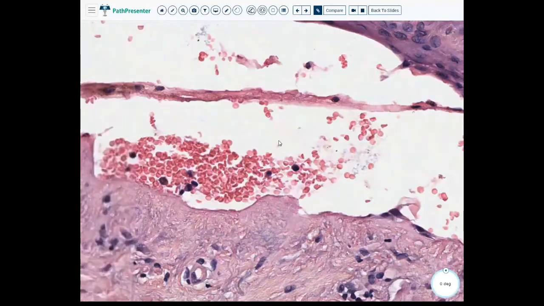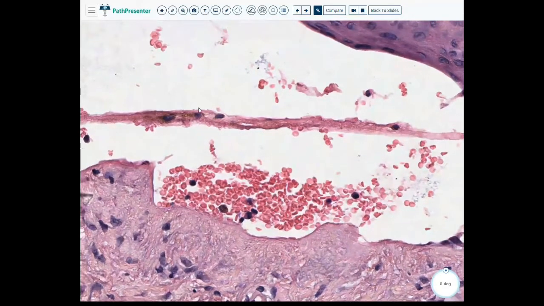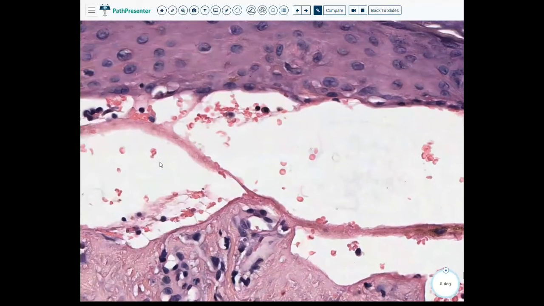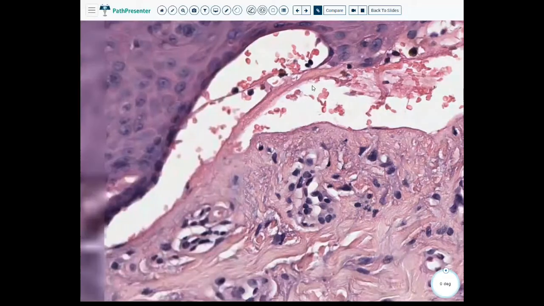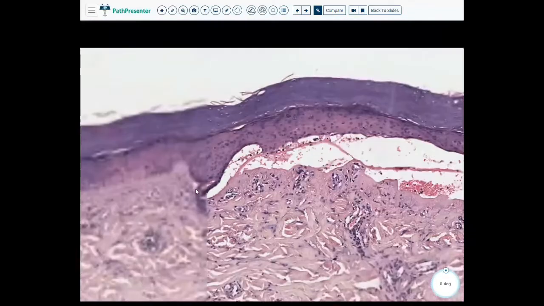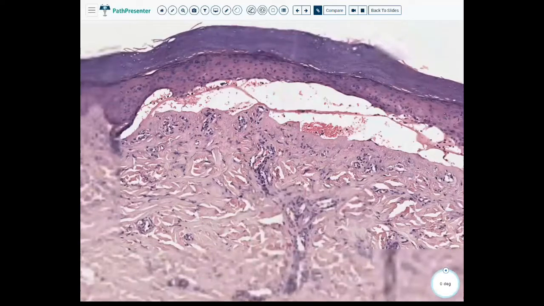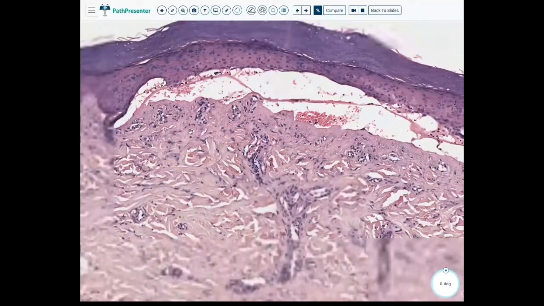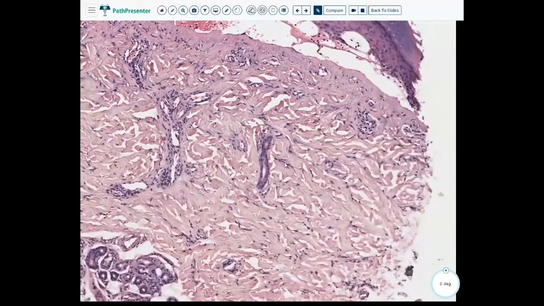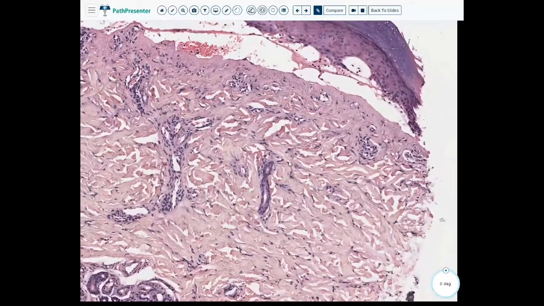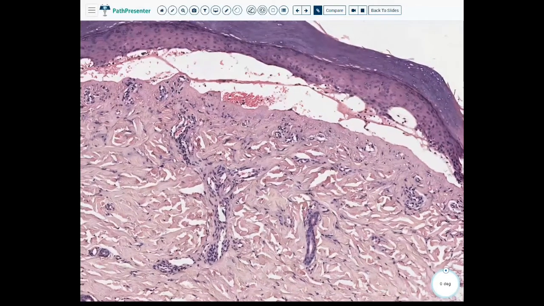Oh, and it's not loaded there at high power. And the dermis, again, oh, please load. There we go. Again, it has this sort of actinic change or damaged look to the collagen, and there is this mild perivascular inflammation, but the bulla itself is relatively paucicellular, and this is another example again of epidermolysis bullosa acquisita.